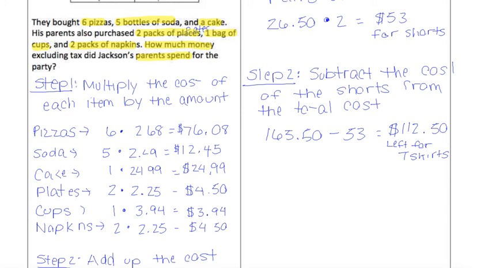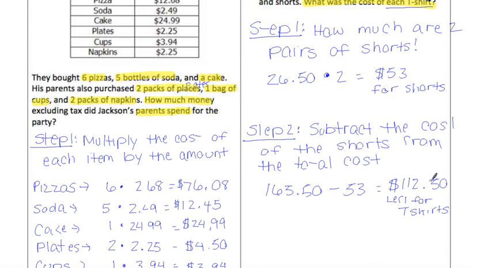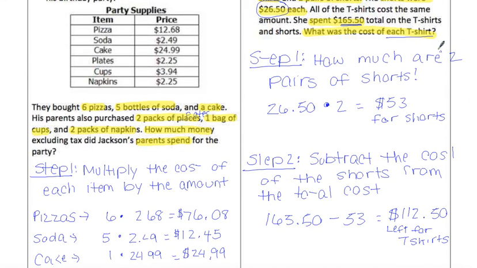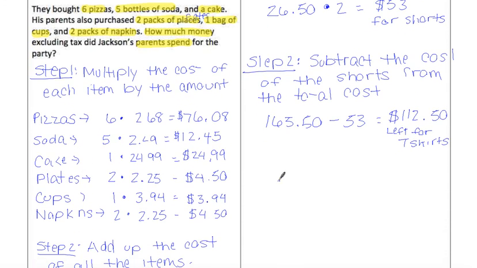Now, it's not asking total what's left for the t-shirts, so if you stopped there, you missed one last little thing you need to do. I want to know the cost for each t-shirt. Because it's each t-shirt, the last step is going to be to divide. So we are going to divide the total cost of the shirts.